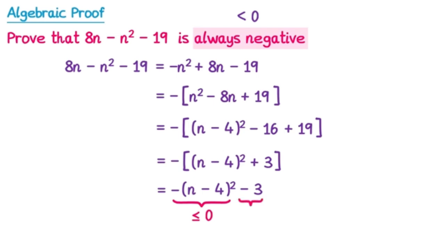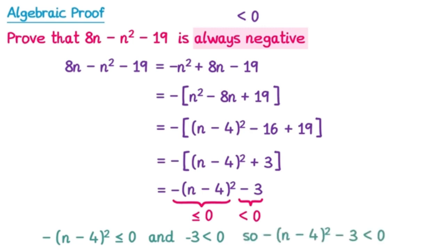Negative 3 is obviously less than 0, so what we have here is something that's less than or equal to 0, and then we're subtracting a number from it, so it must be negative. To write this, we could say that negative bracket (n - 4) squared is less than or equal to 0, negative 3 is less than 0, so negative bracket (n - 4) all squared subtract 3 must be less than 0.